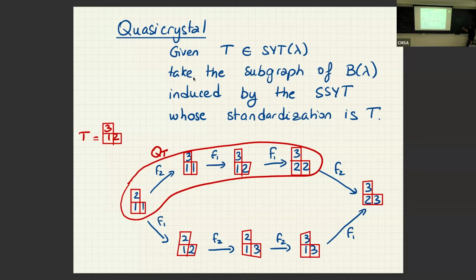So my 1 here stays a 1, the 2s become 2, 3, the 3s become 4, 5, the 4s become 6, 7, and the 5 becomes 8. This is an injective map from semi-standard Young tableaux of shape lambda to standard Young tableaux. So I read this in increasing order, and when entries are equal, I go from left to right and top to bottom.